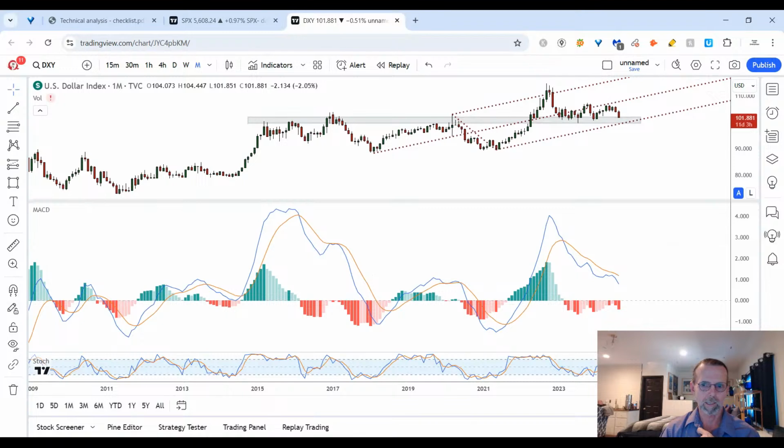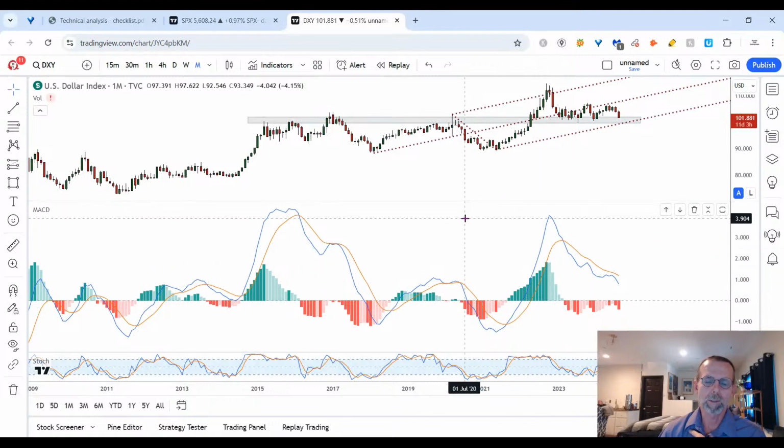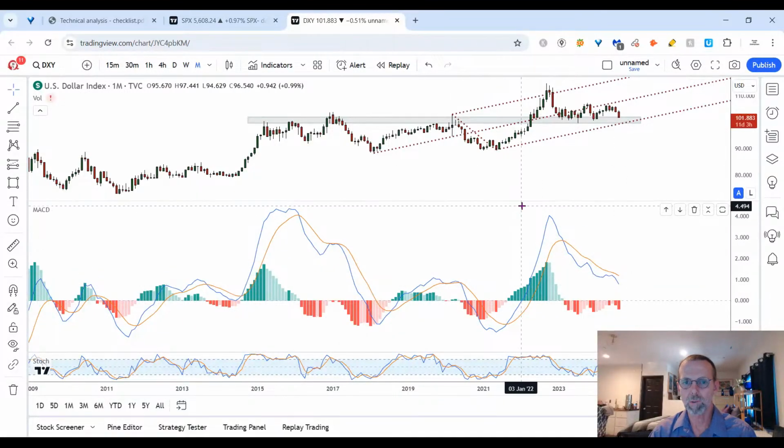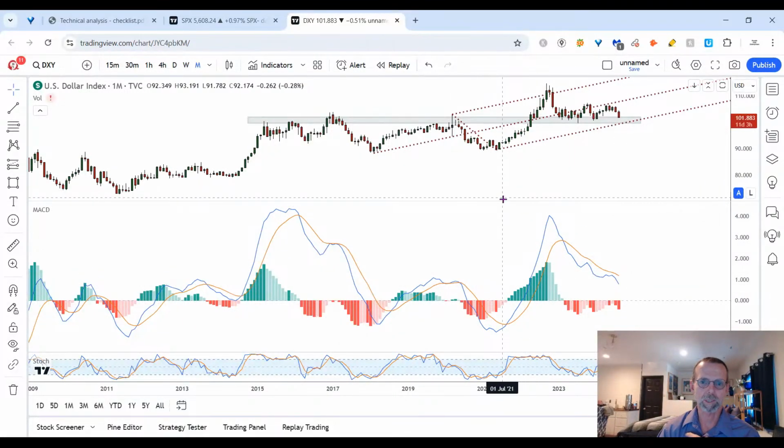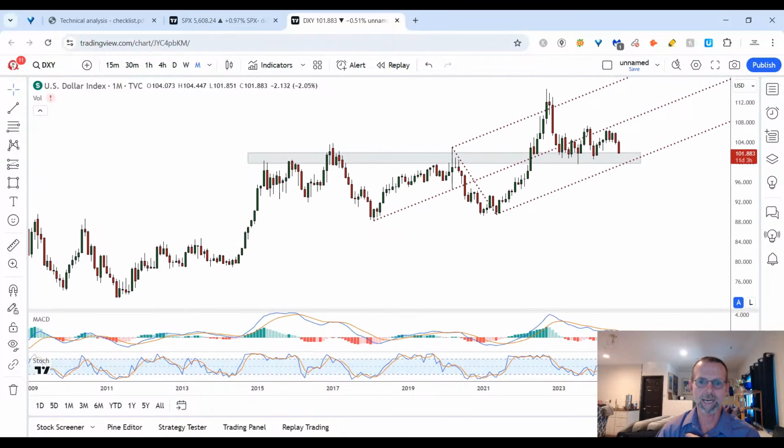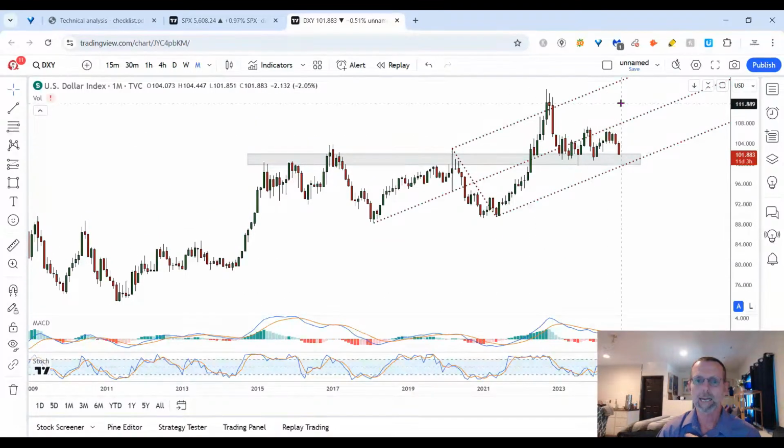In MACD, we've got both indicator lines above the center line of the indicator, which suggests bull mode. And in bull mode, the primary trend tends to be to the upside, which of course is consistent with the price action that we're seeing here and consistent with the Andrews pitchfork.